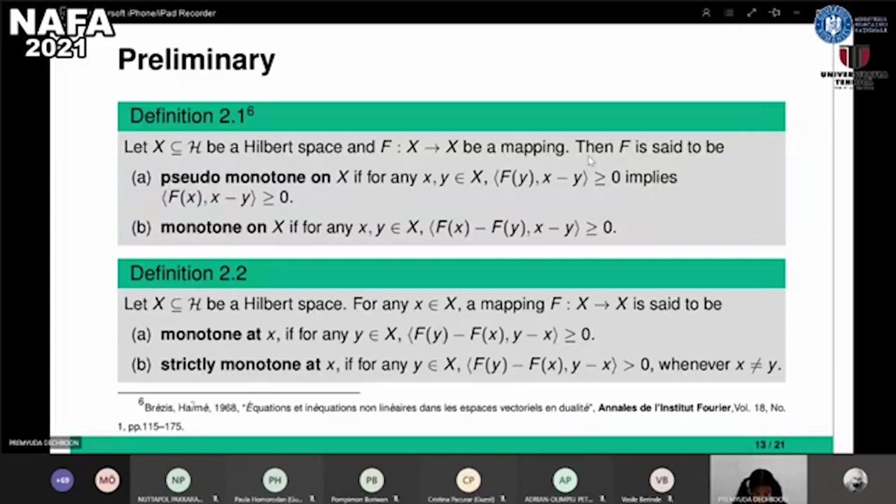At the point x, we can say that it is monotone at the point x if this inequality holds, and strictly monotone if this inequality holds whenever x is not equal to y.